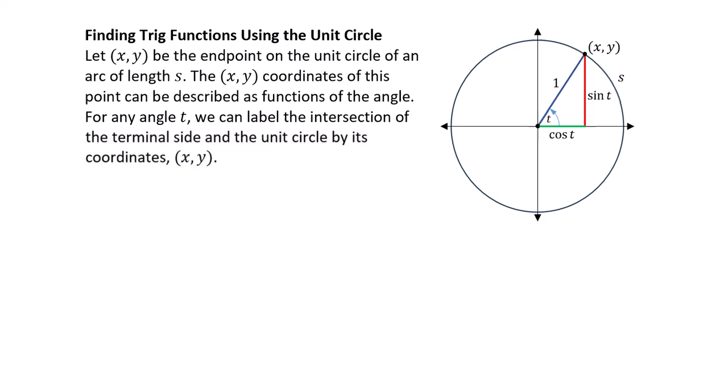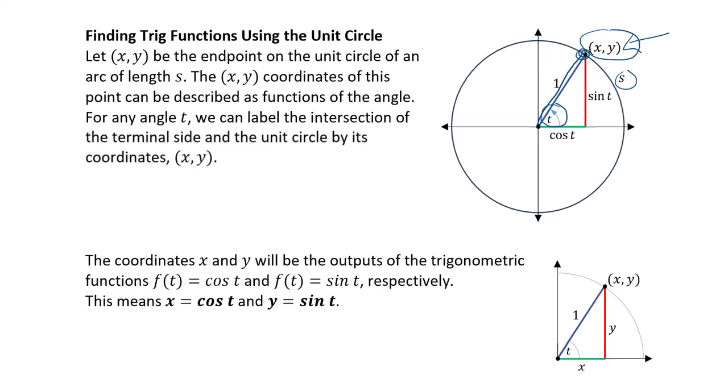We can use the unit circle to find different trigonometric functions. So let (x, y) be the endpoint on the unit circle of an arc of length s. The xy coordinate of this point can be described as functions of the angle. For any angle t, we can label the intersection of that terminal side and the unit circle by its coordinates (x, y).